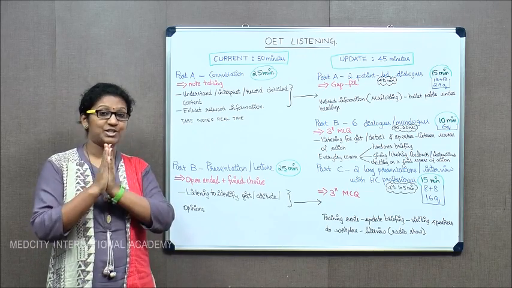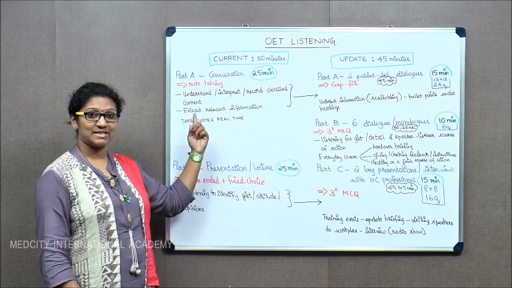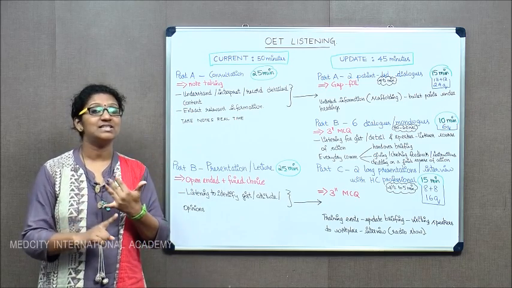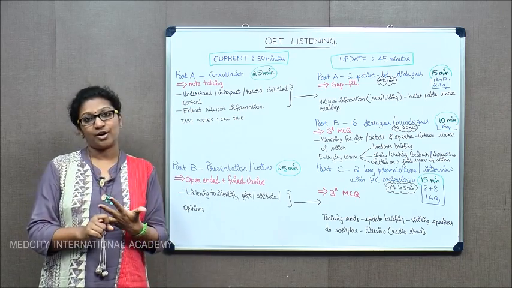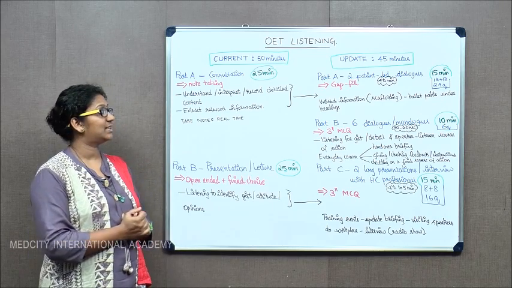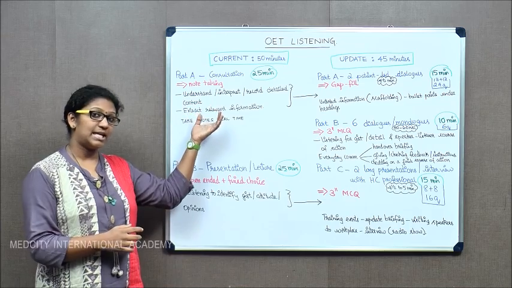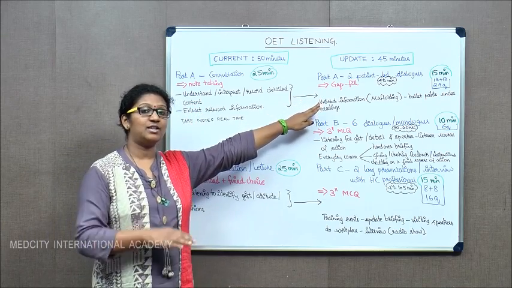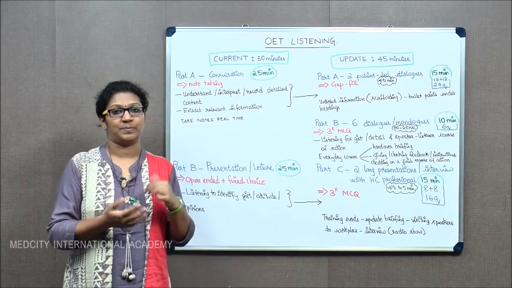Again, in this section, you are being tested on whether you're able to understand, interpret and record detailed content. In addition to that, the question type is different. It's note taking in the current version, but in part A of the new version, it's a gap fill.